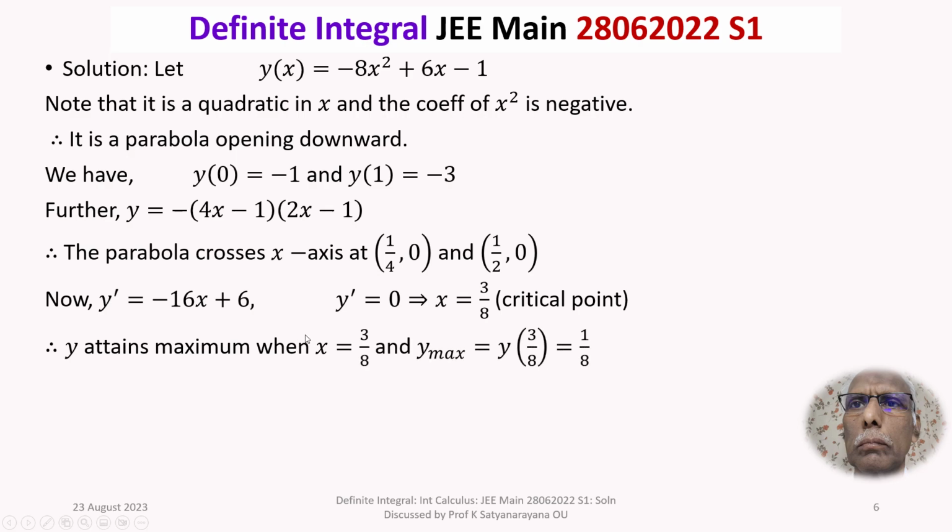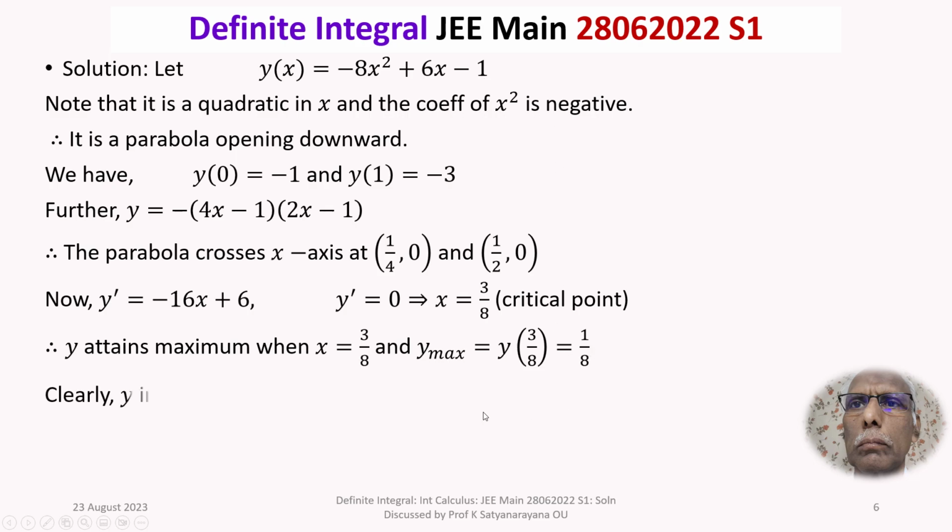Why does it attain maximum? Because it is a parabola opening downwards. That means it increases in the beginning and attains maximum at x = 3/8. And the maximum value of y is the value of y at 3/8, substitute in this, simplify, you will get 1/8.